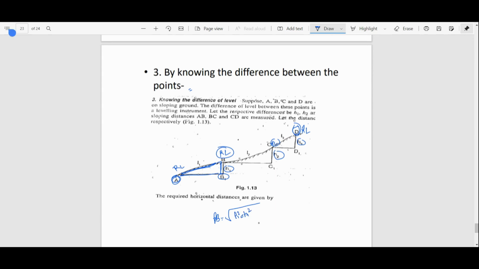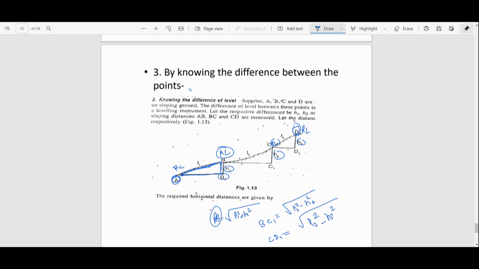Similarly, how to get the value of BC1? BC1 is equal to root of L2 square minus H2 square. Similarly, we have to get the value of CD: CD1 is equal to root of L3 square minus H3 square.